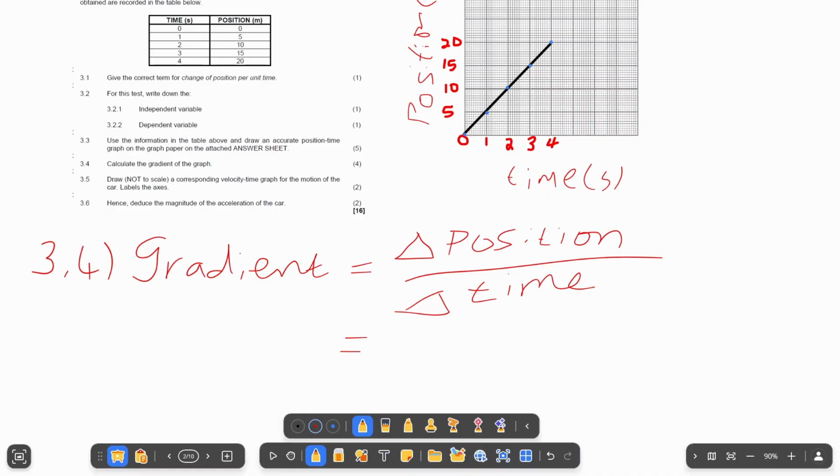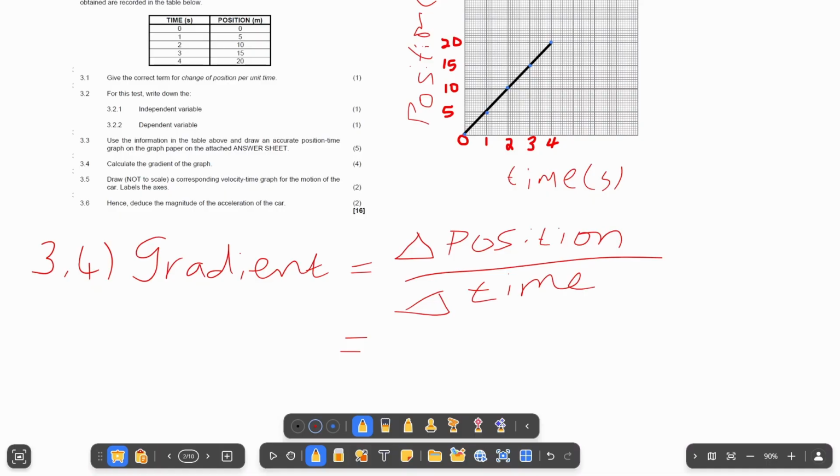Now, the position, it's easy. Just pick any points that are on the line. In case your points are not on the line, in terms of the best fit, you choose those that are on the line, right? My points are all on the line, so I can choose any. Now, to make it easy for me, I'm choosing the 20 and the 0, which means the first and the last point.